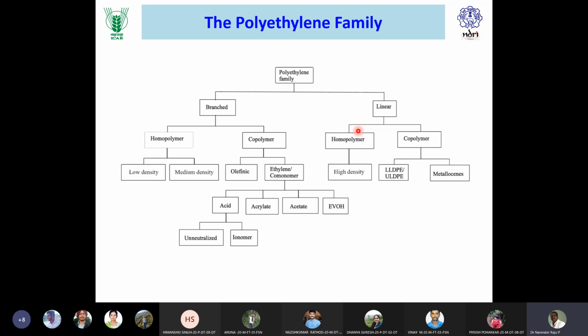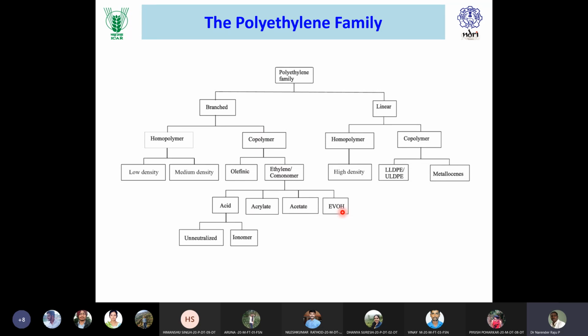One thing you need to remember here is that ethylene acrylic acid will always be in the form of a copolymer. Look at this here, under the branched one, under the copolymer one, ethylene and comonomers. Under this classification, you have n number of other variants. They could be acrylates or acetates, and also ethylene vinyl alcohol.